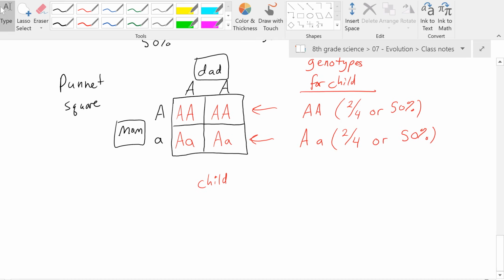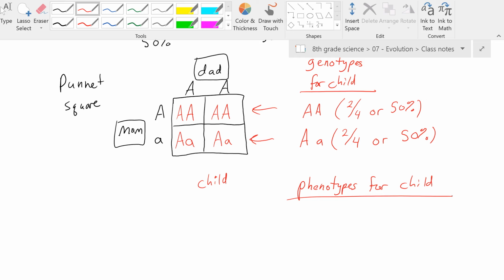Last thing we can do here is think phenotypes for the child. So remember, the phenotype can be dominant or recessive, just like the genotype. The phenotype here is, do they get the dominant trait or the recessive trait? If we're thinking about earwax, wet earwax is the dominant trait. Dry earwax is the recessive trait.